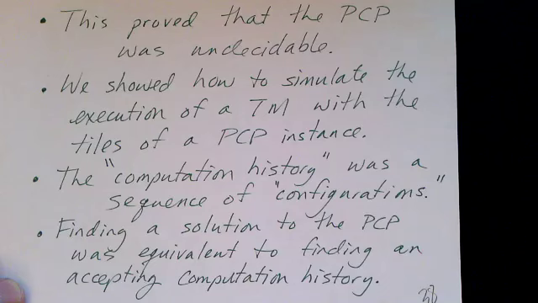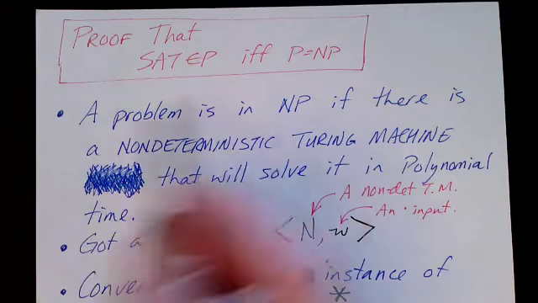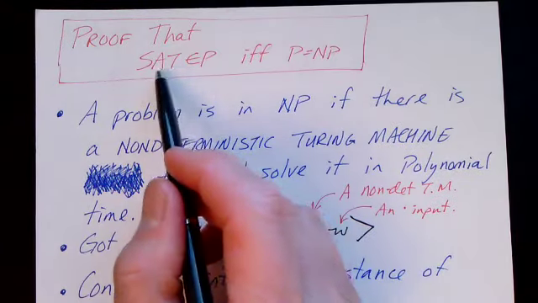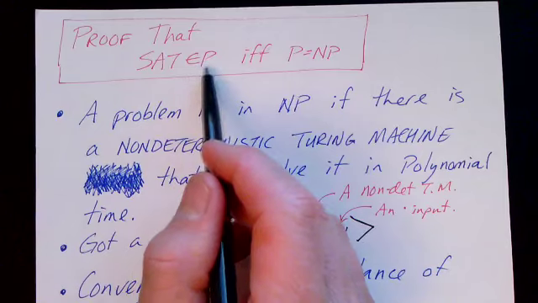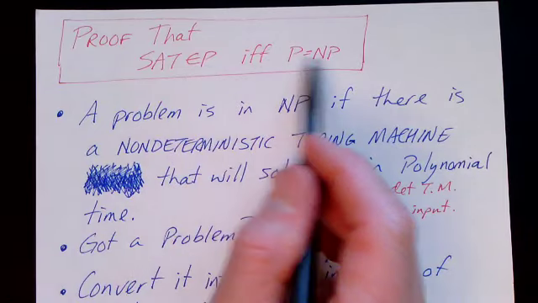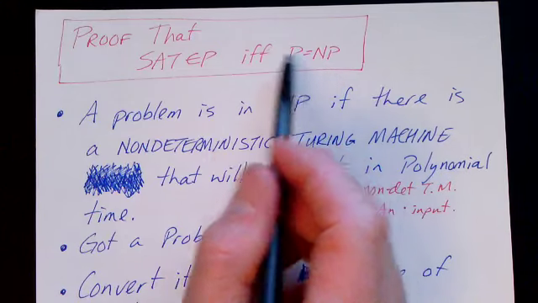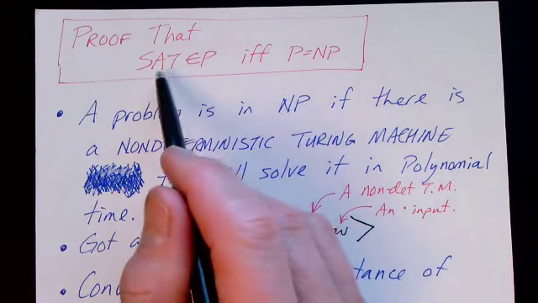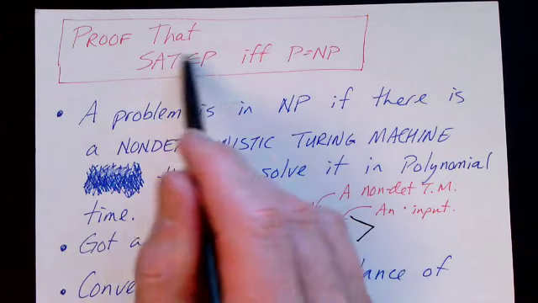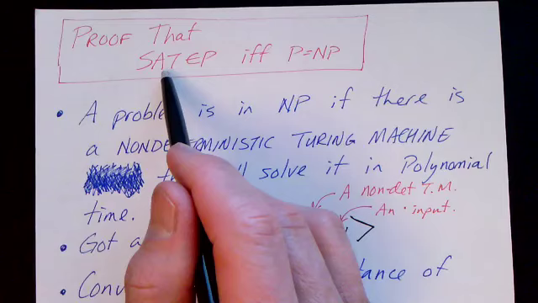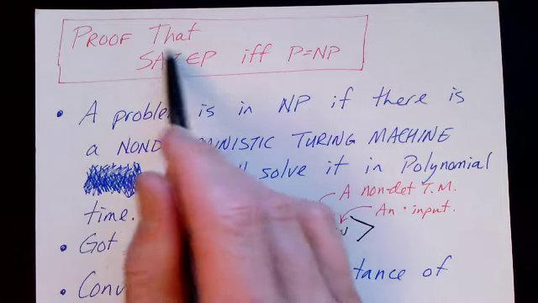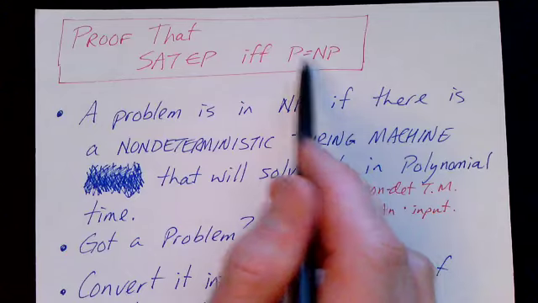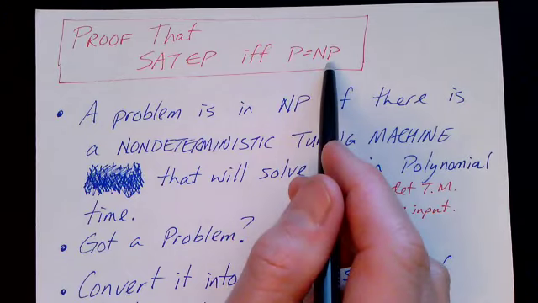satisfiability problem is NP-complete. So our goal is to prove that satisfiability can be solved in polynomial time if and only if P equals NP. And the real problem is showing that if we can find a polynomial time decider for the satisfiability problem, it proves that P equals NP.